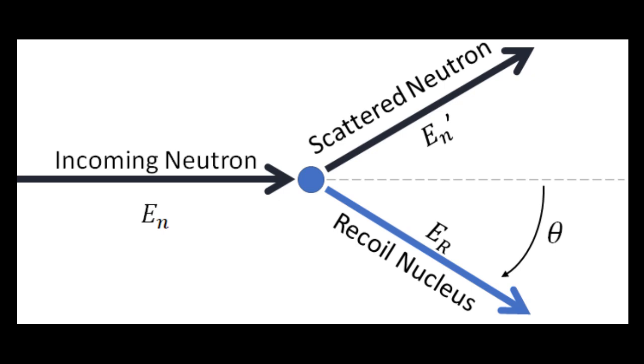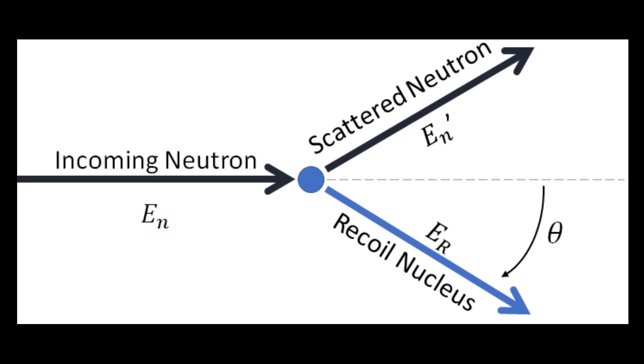Okay, in each interaction or in each collision, the neutron is going to lose some energy and slow down. Okay, and the nucleus of the atom in the formation is going to gain energy. So the neutron is losing energy, the atoms of the formation are gaining energy.